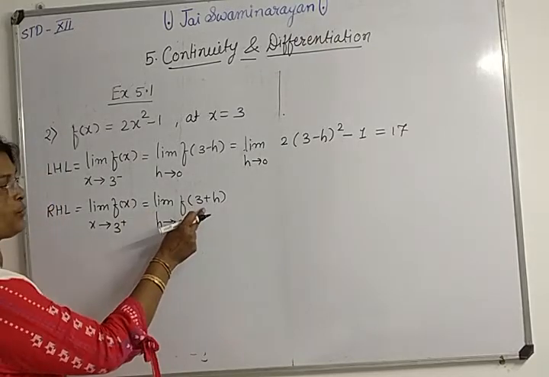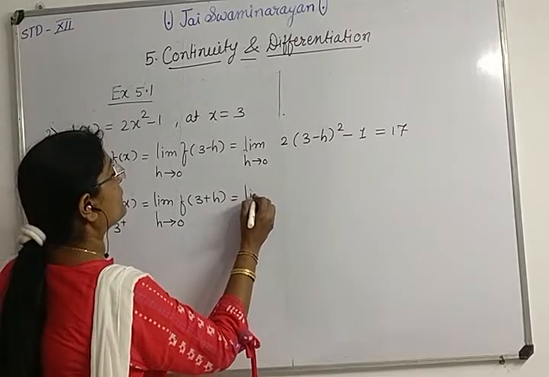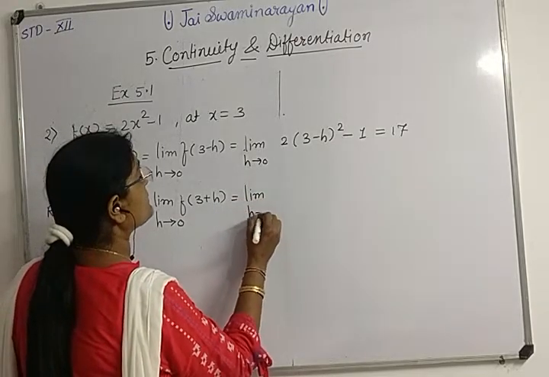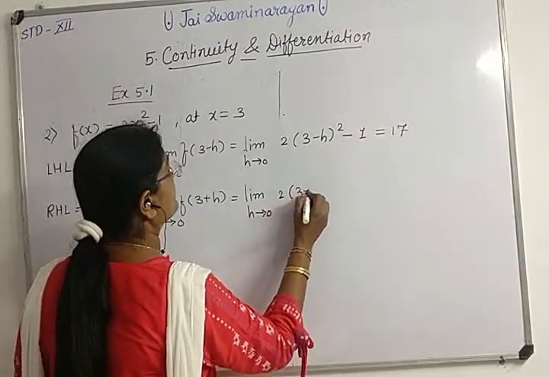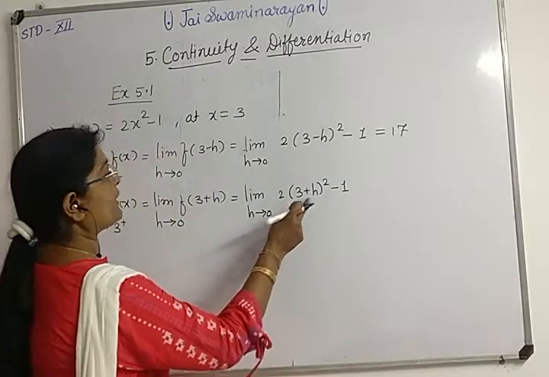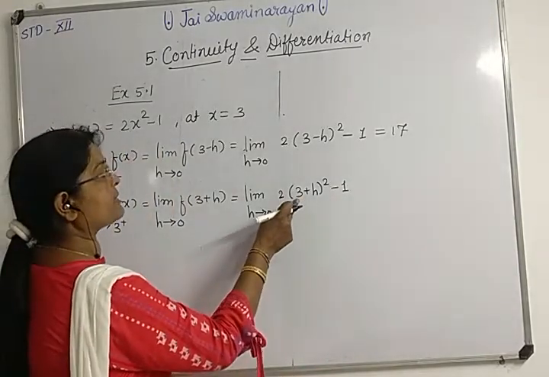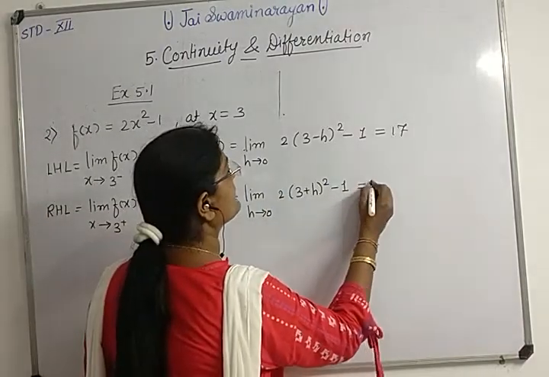Means instead of x we have to put the value as 3 plus h. This equal to limit as h tends to 0 of 2 into bracket 3 plus h the whole square minus 1. Now put h equal to 0. So 0 plus 3 is 3. 3 square is 9. 9 twos are 18. 18 minus 1 is 17.